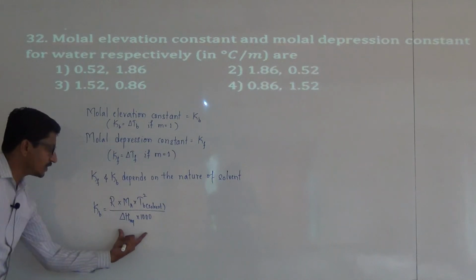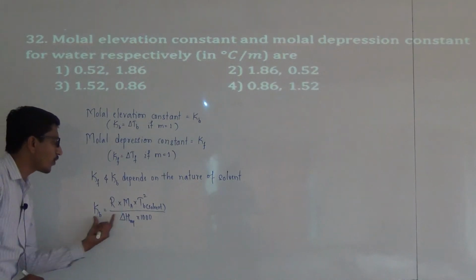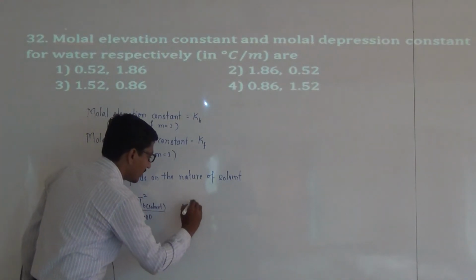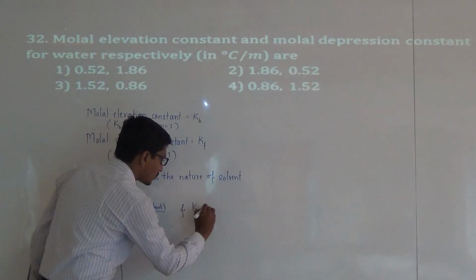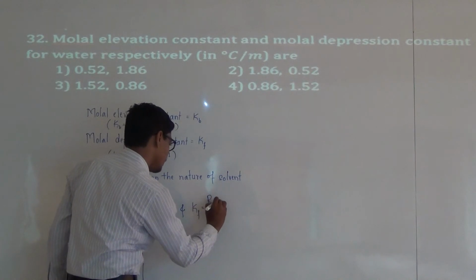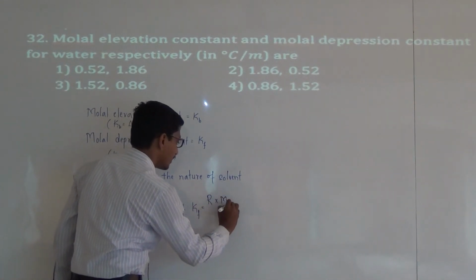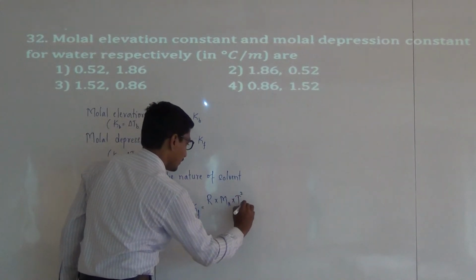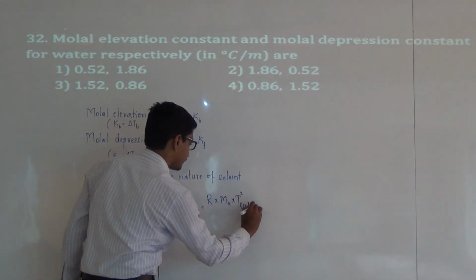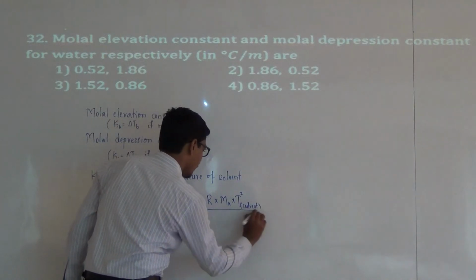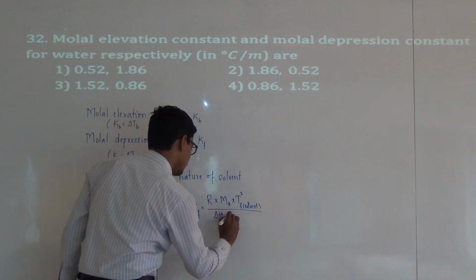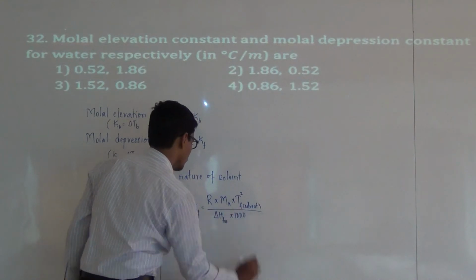By using this relation, the Kb value for different solvents can be calculated, and similarly the Kf is also calculated by using the relation R into Ma into Tf square for solvent divided by delta H fusion into 1000.